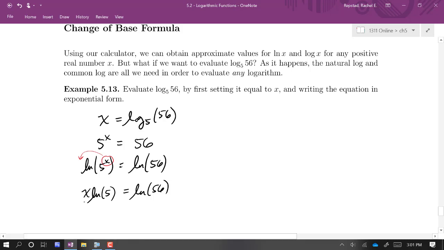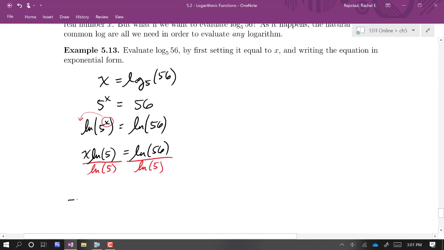It's a constant like any other constant. It's just sort of couched inside this ln. And so I know that x, as an exact figure with the natural log, is ln of 56 divided by ln of 5.